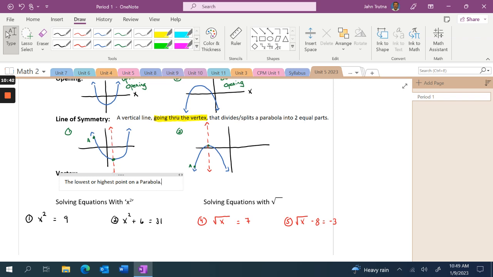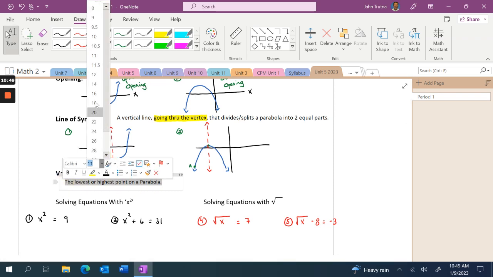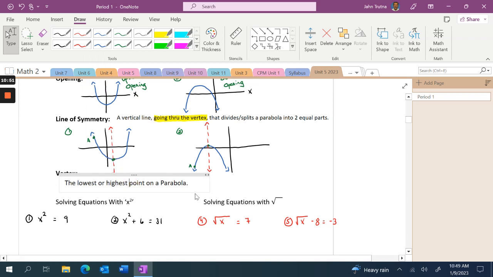Okay, so another key vocabulary word is the vertex, and you have to know what we mean when we say vertex, and you also are going to be responsible for recognizing a vertex when you see one in a graph.